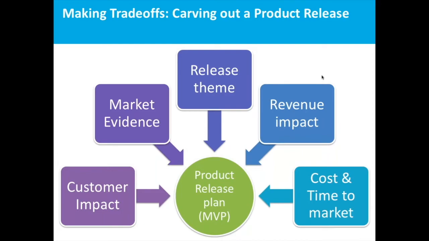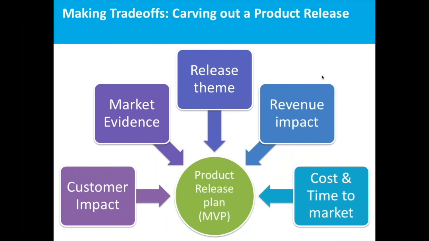The next thing is revenue impact. Once you know the customer impact and market evidence, you also need to ask that hard question: which one of these features will actually help me win more deals, right? Because there are a lot of features which are nice, but they will not necessarily sway the customer to actually be ready to buy. And last but not the least is, what is the cost?